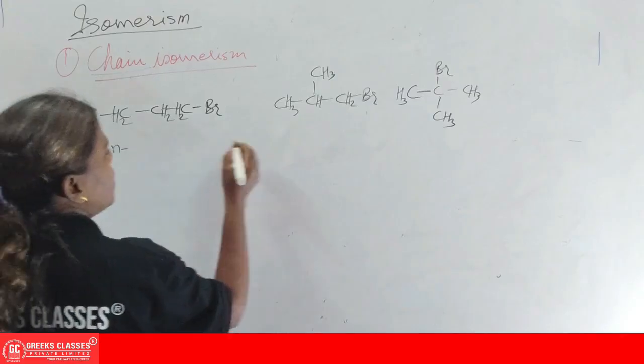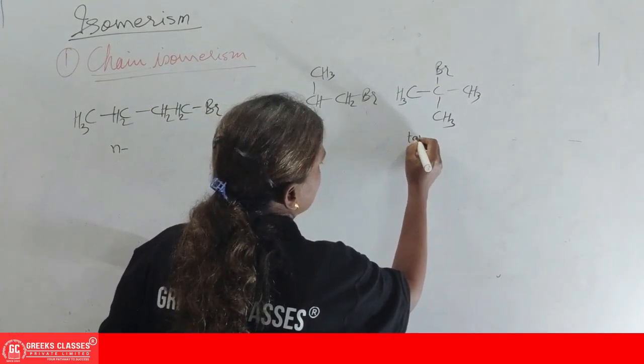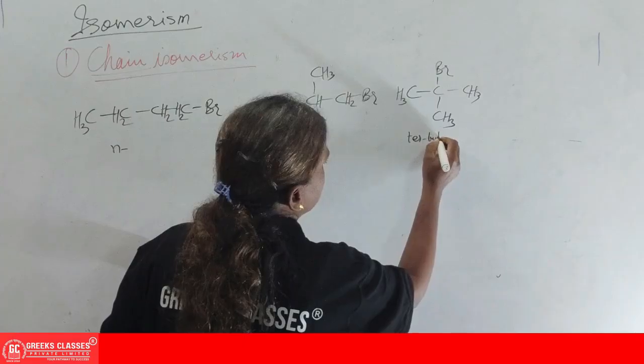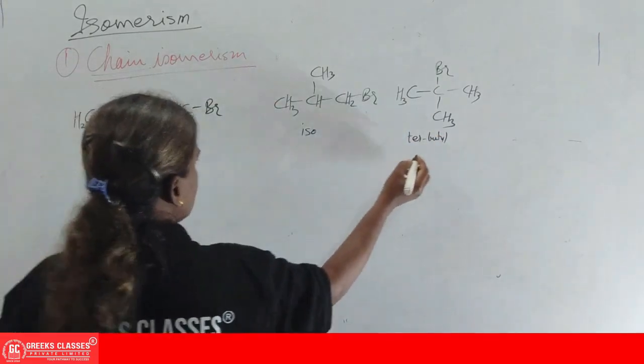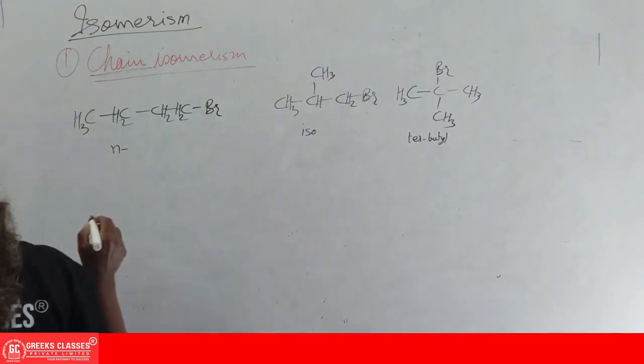So this is N-butyl, this is isobutyl, and this is tertiary butyl. This was the difference where the carbon arrangement was varying, and that's why the name chain isomerism.